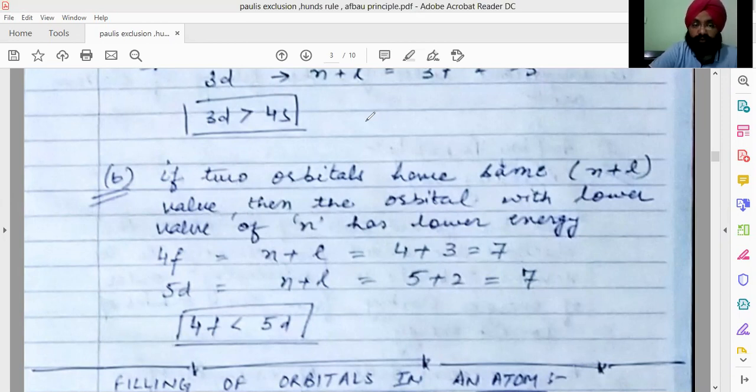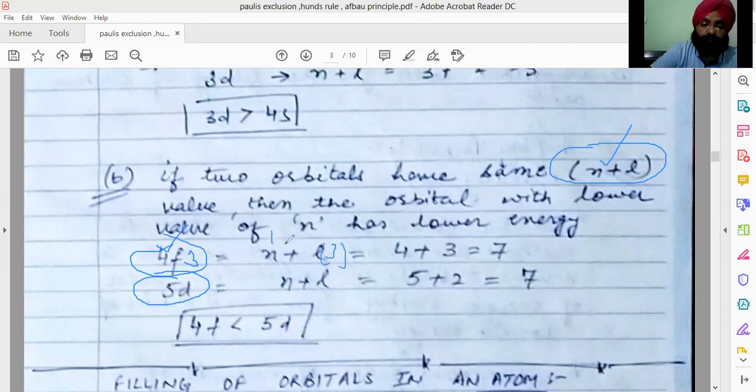But if two orbitals have the same value of n plus L, for example 4f and 5d: in 4f, n is 4 and L is 3, and in the second case, n is 5 and L is 2. So in both cases, the total is 7.